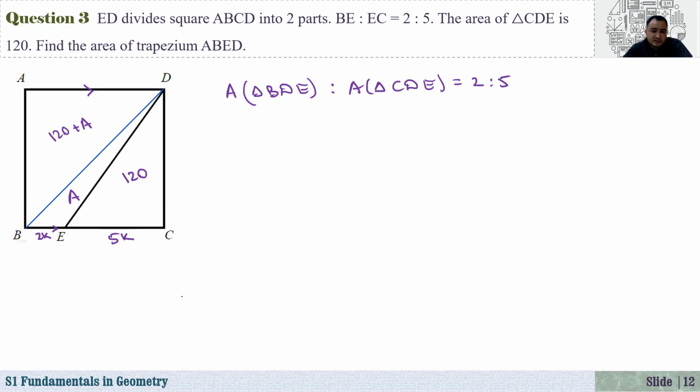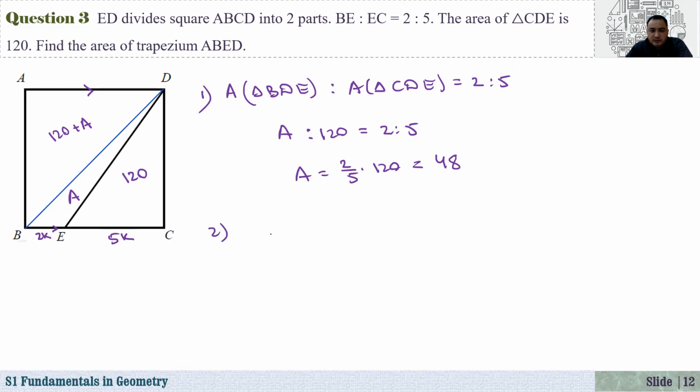The shortest distance from D to BE and D to EC are equal. So the area BDE is equal to A, the area of CDE is equal to 120, and the ratio is 2 to 5. So from here, what is A? A is equal to 2 over 5 times 120. 120 divided by 5 is 24. 2 times 24 is 48.